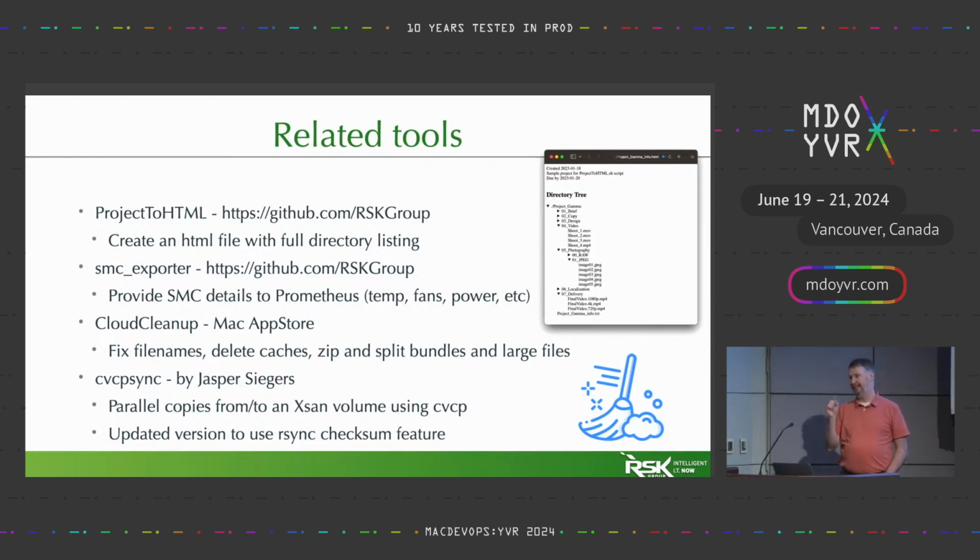Sometimes we also will have an info.txt file with just a description of what was in the project. This way, if the user is used to going through the file system and they say, oh yeah, I remember this was 2 years ago, I think it was called this, they go to that place in the file system, they'll find this HTML file and they can go through and, oh yeah, that file was here. Let me go submit a ticket to get it back from tape, or let me go to Box and get it from the cloud, or what have you.